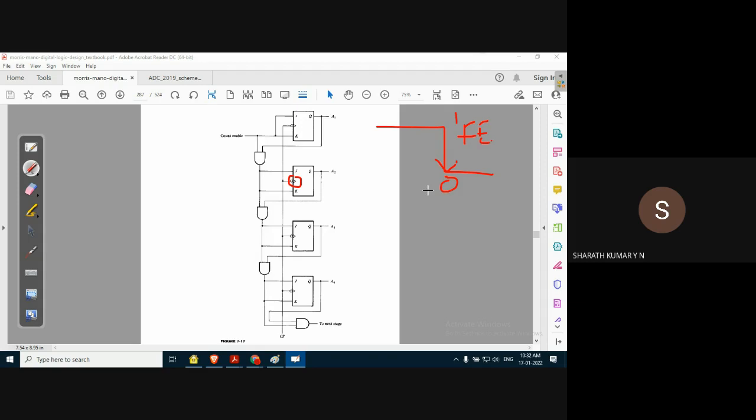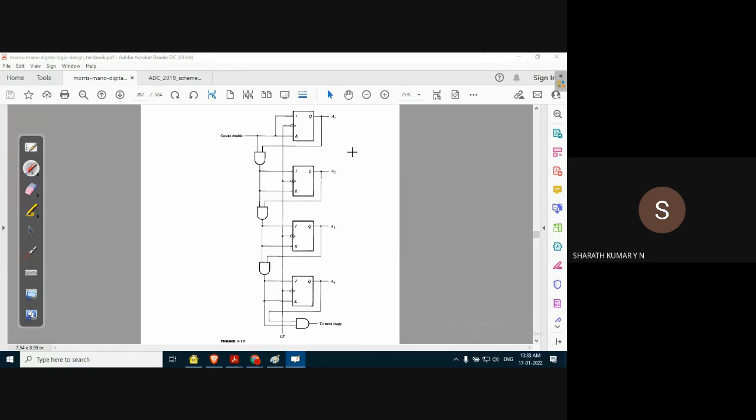Since we are implementing a counter, the normal output is taken as feedback, and the negative edge clock pulse is preferred over the positive edge clock pulse.